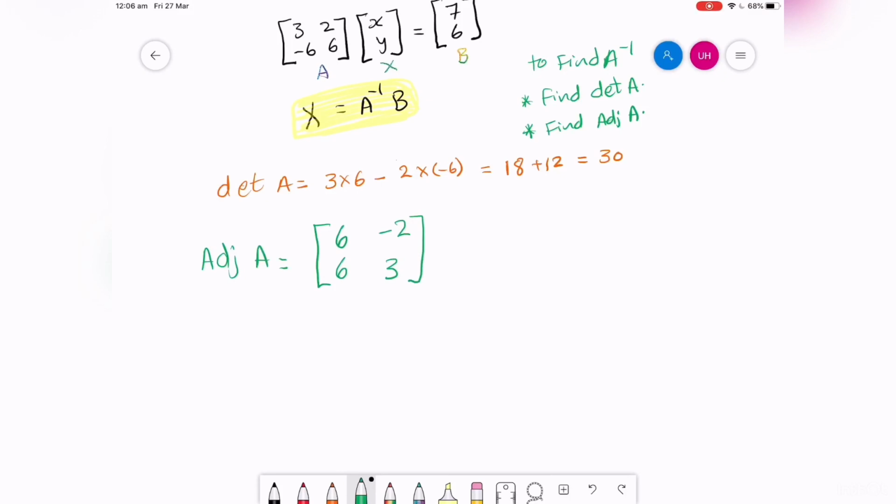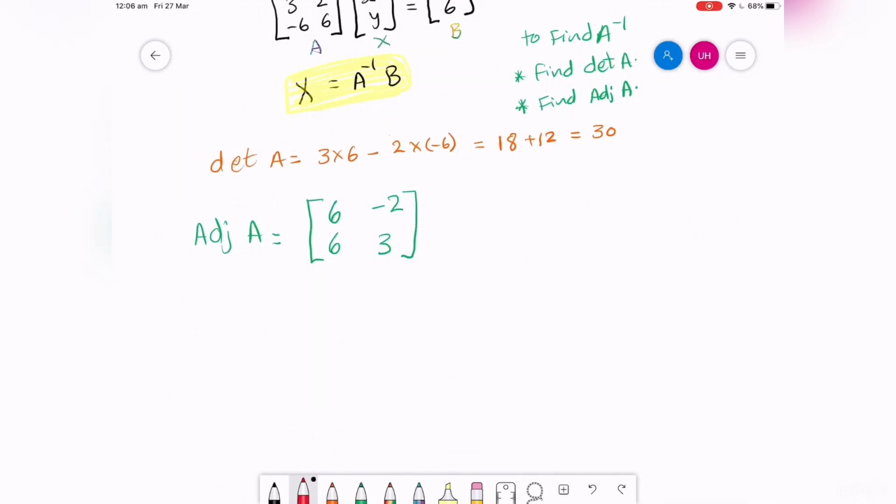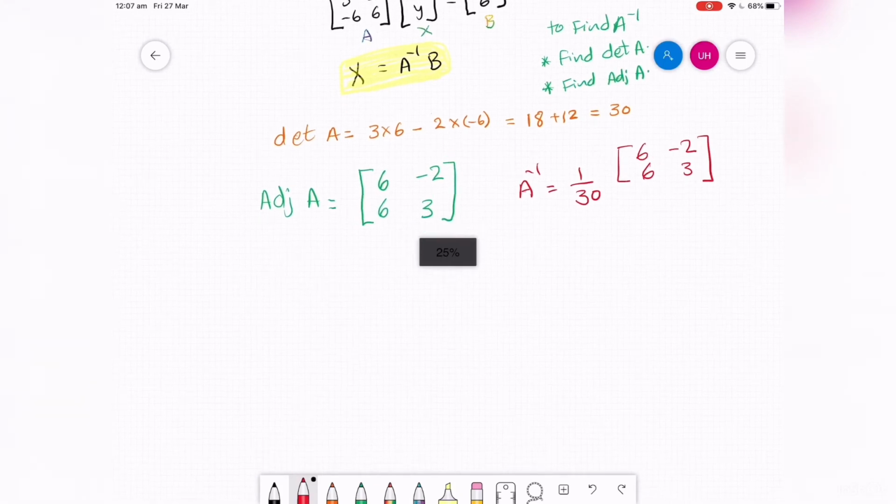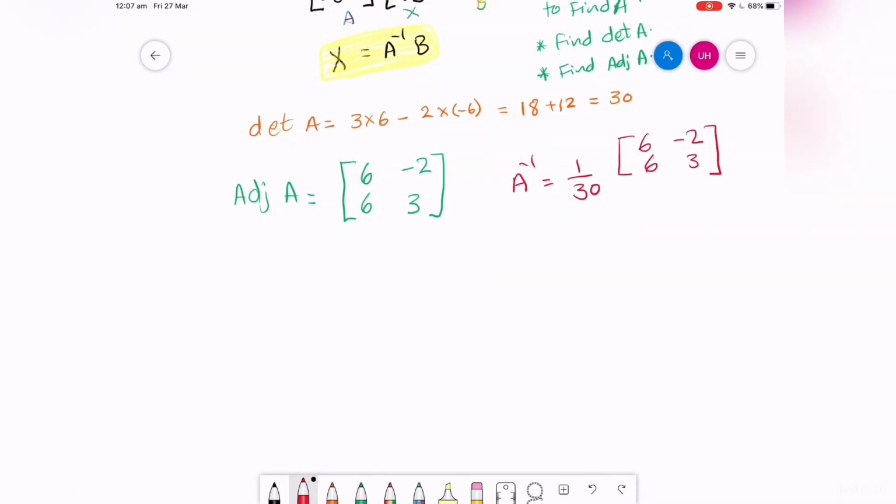Okay, so this is the adjoint. Therefore, A inverse equals 1 over 30 multiplied by 6, minus 2, 6, 3. I'll leave it in this form for now, because we'll multiply it by B to find X.